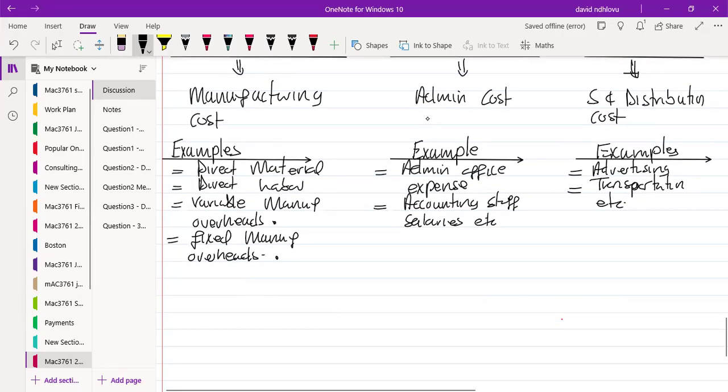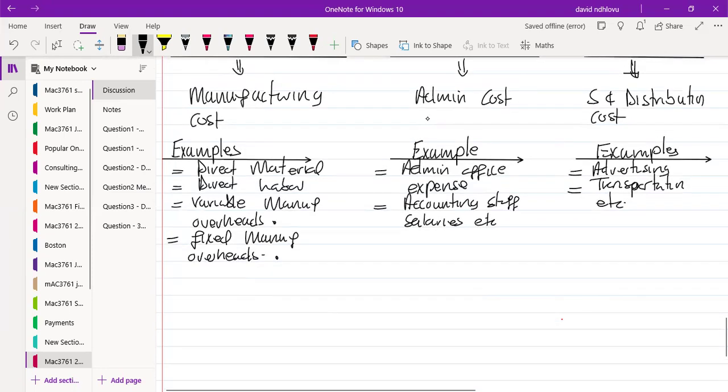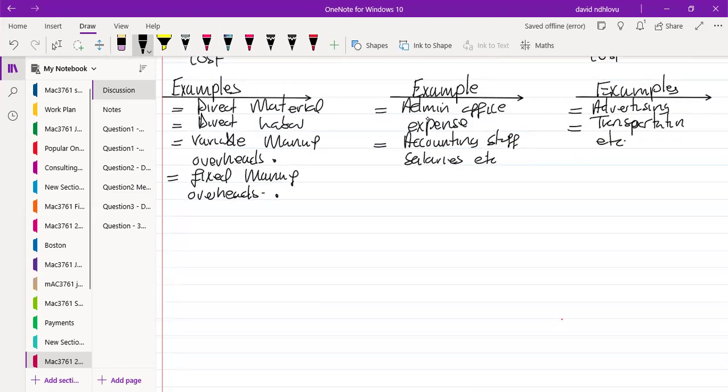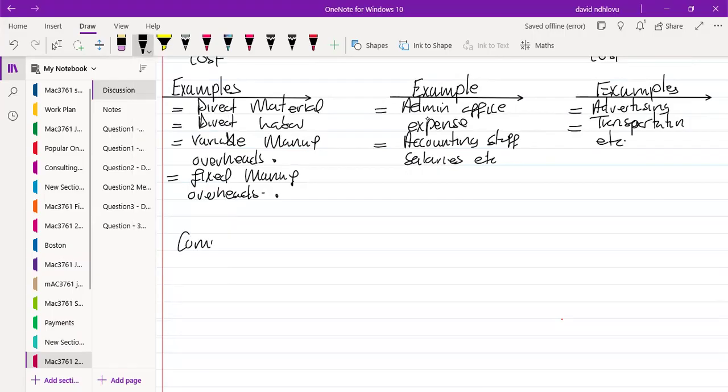Right. So we have certain terminologies that we use when we classify cost according to nature. So let me just write common terminology. Right. When costs are classified by nature.